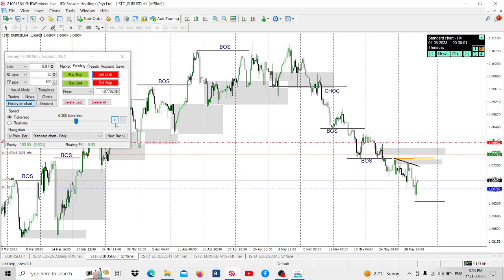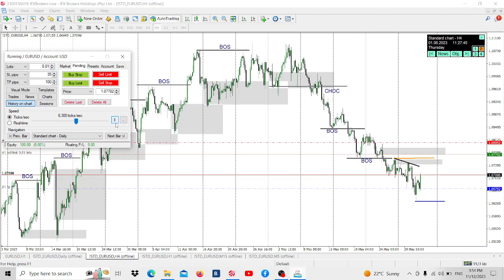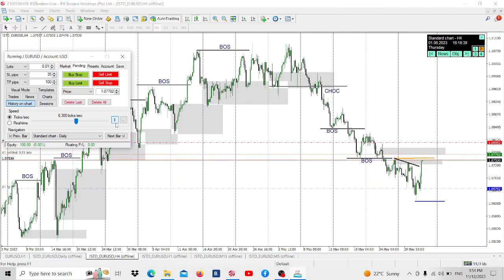Now let's play the simulation and see, hopefully, that the market will come to our zone. Market is pushing up, came there, break that high, broke liquidity, tapped. We're in a trade.